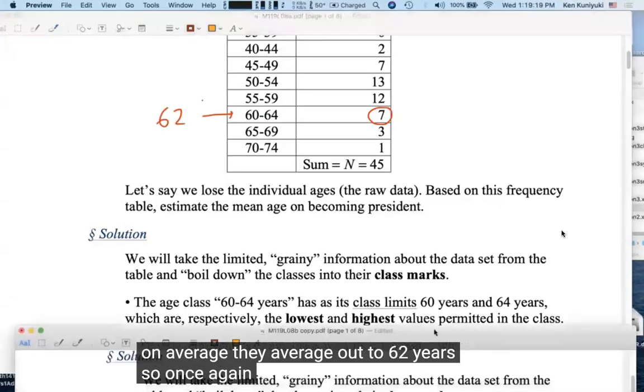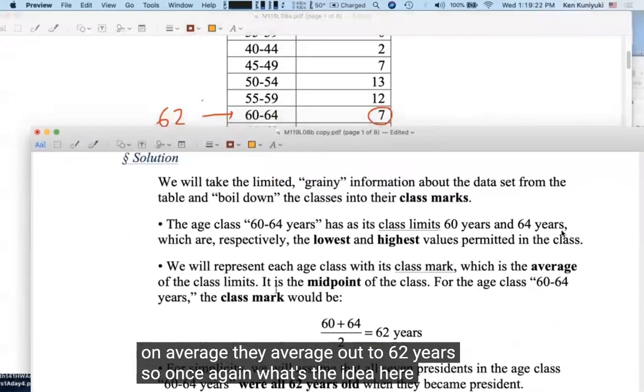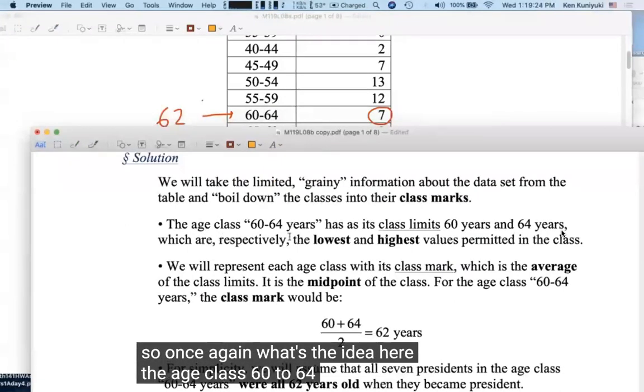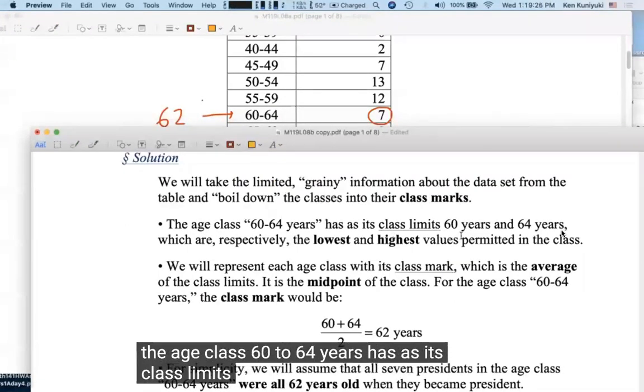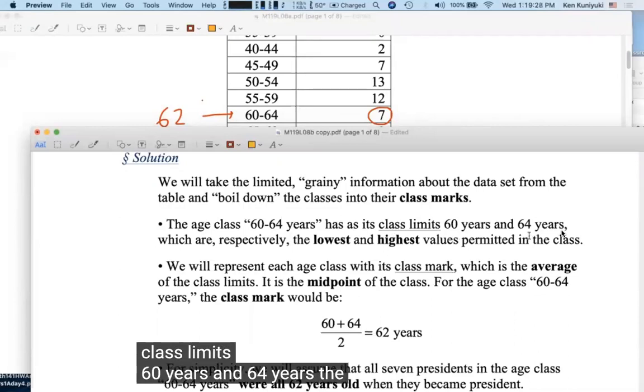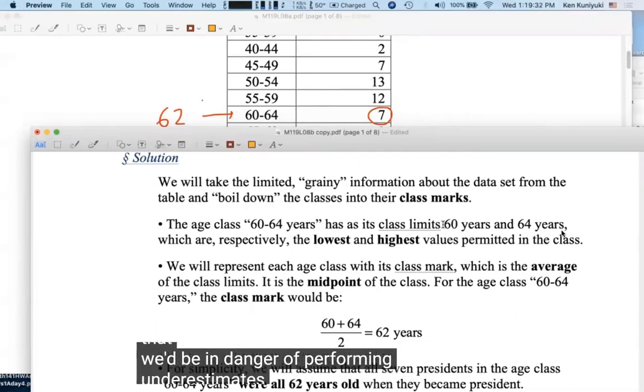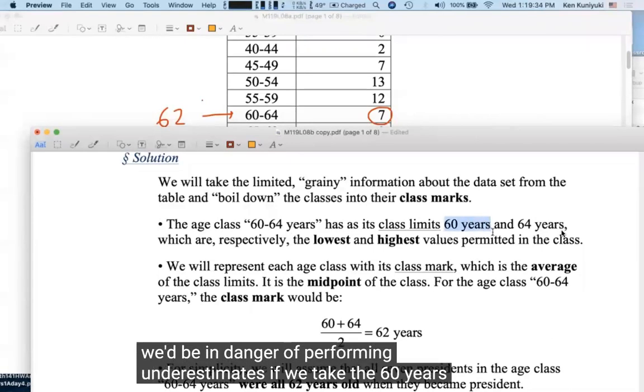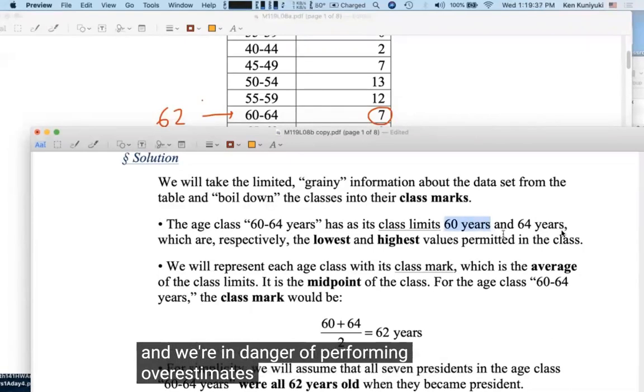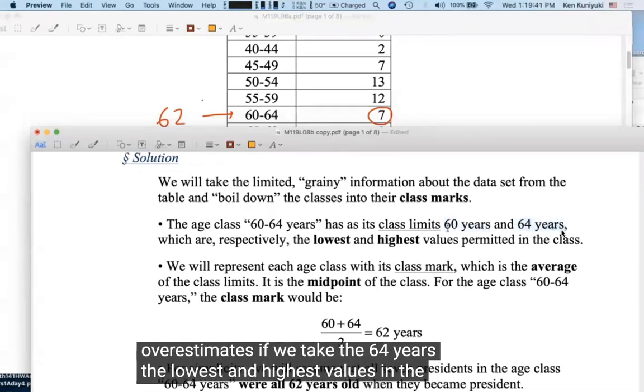So once again, what's the idea here? The age class, 60 to 64 years, has as its class limits 60 years and 64 years. The problem is that we'd be in danger of performing underestimates if we take the 60 years, and we're in danger of performing overestimates if we take the 64 years, the lowest and highest values in the class.